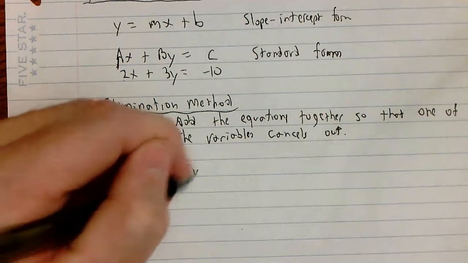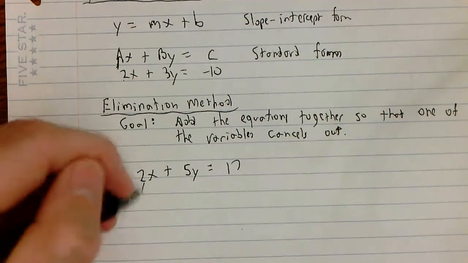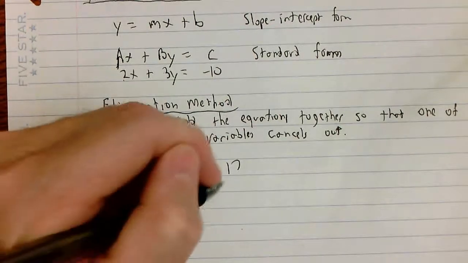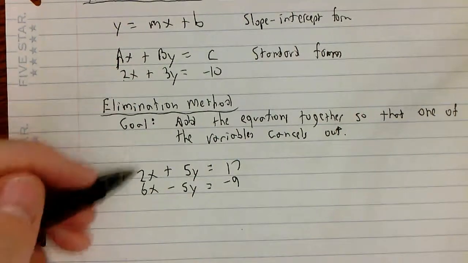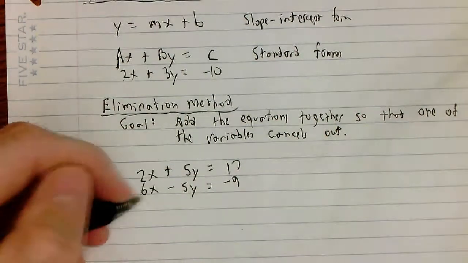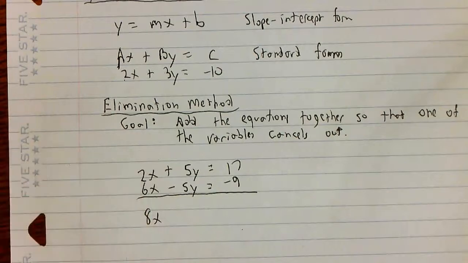2x plus 5y equals 17, and 6x minus 5y equals negative 9. So if I had these two equations in standard form, both in ax plus by equals c form, I could add them together, and I would get 8x when I add the 2x and the 6x.